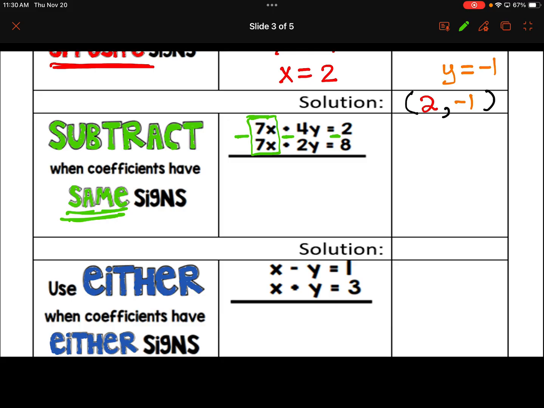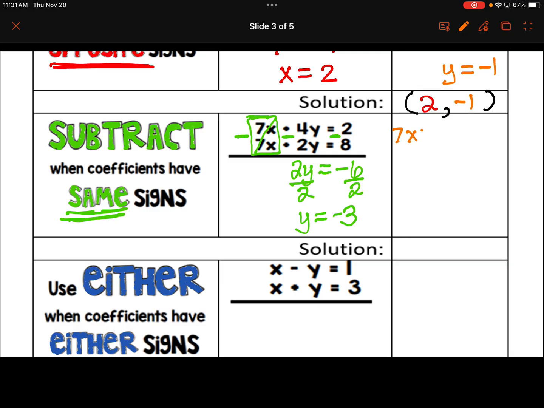So 7x minus 7x eliminated, that was my goal. Now I have 4 minus 2, so I get 2y equals 2 minus 8, which is negative 6. Divide by 2, y is negative 3. Now I'm going to substitute into the top one.